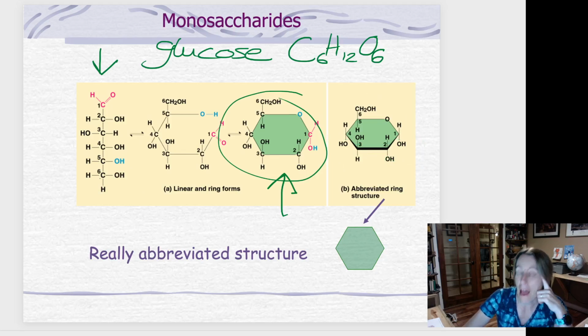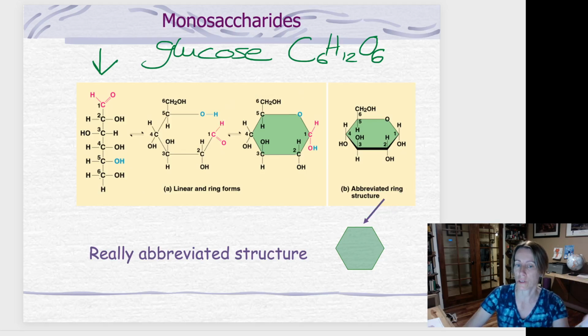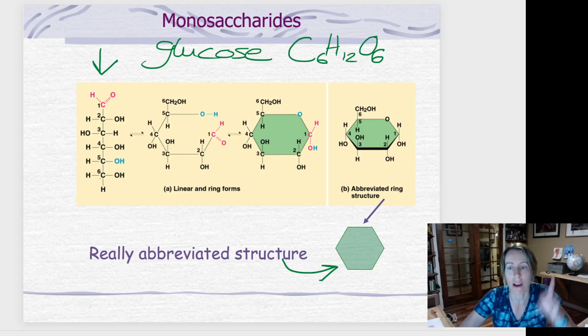Even that is a lot to draw out, right? So to make things even easier, we abbreviate it to this hexagon. A green hexagon is what I'm going to use to abbreviate glucose. So it's me being lazy because I don't like to draw the whole thing out, and I can't draw it out with this pen anyway. All right, so glucose is an example of a monosaccharide, one individual sugar, and it looks like a ring.